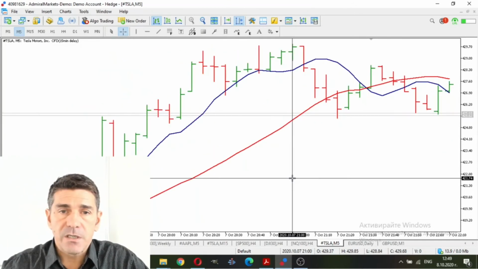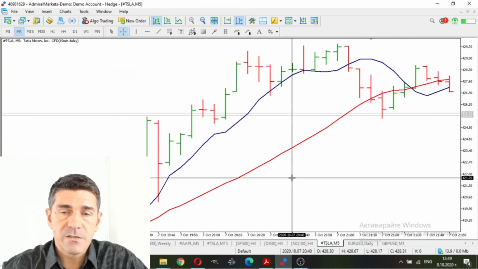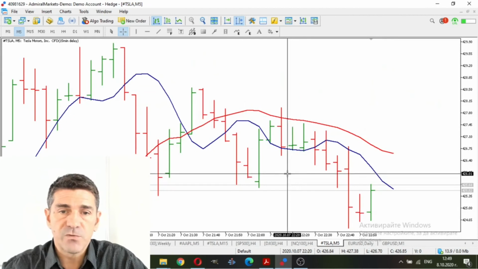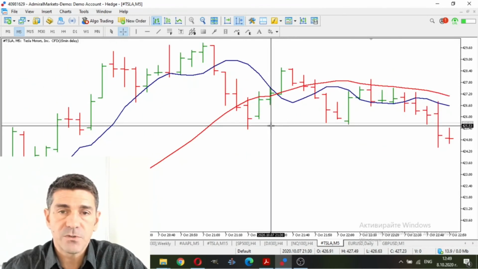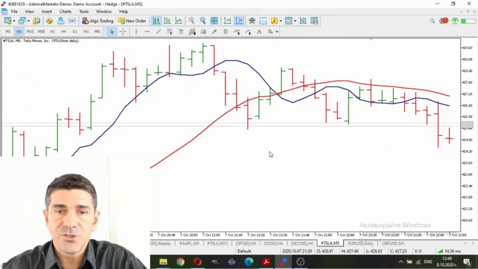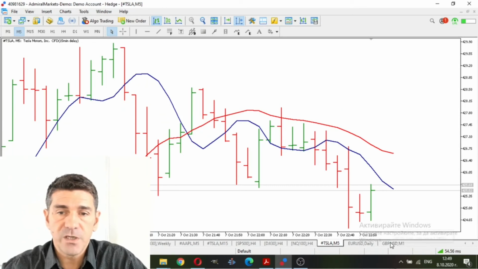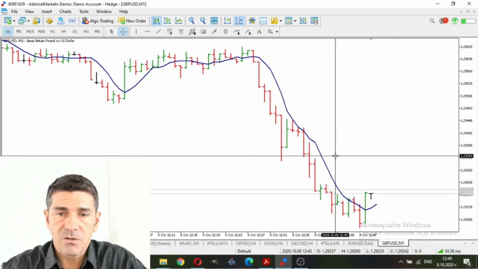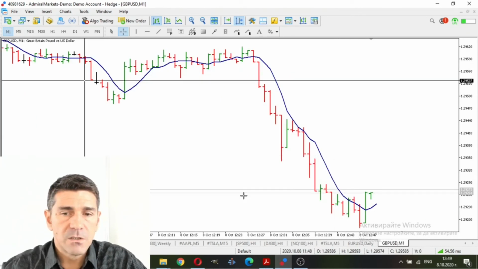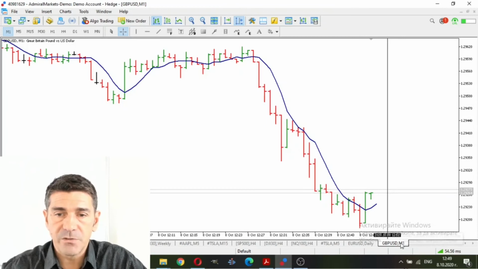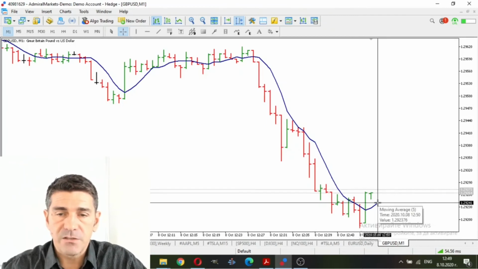Okay guys, there are many things that can be said about the moving average. Probably in a future video I'm going to share some other things about the moving averages. Let me just at the end also show you. Here is Great Britain pound versus United States dollar.